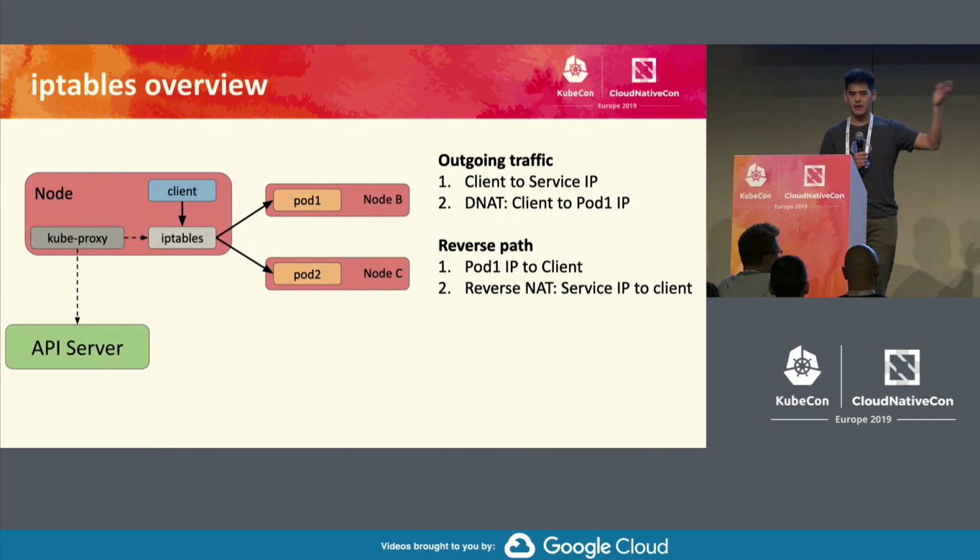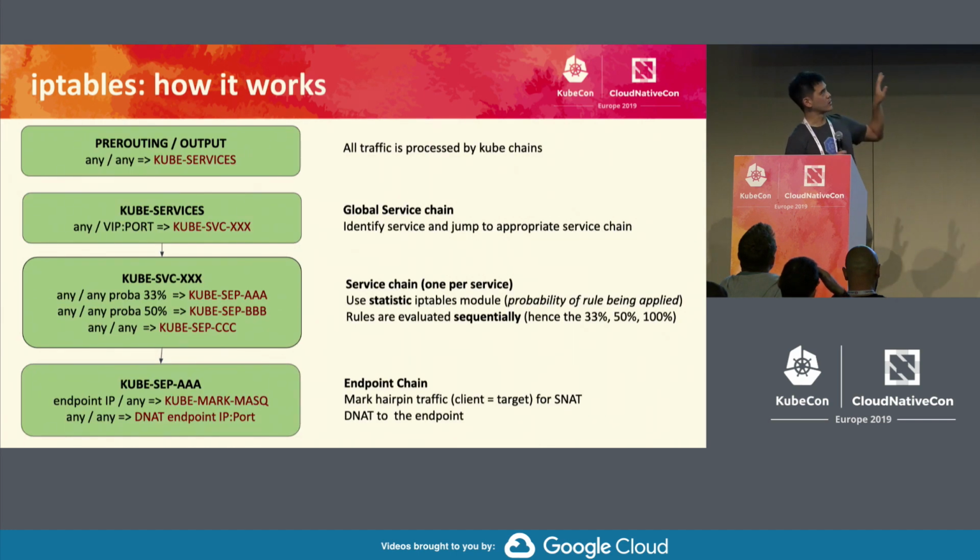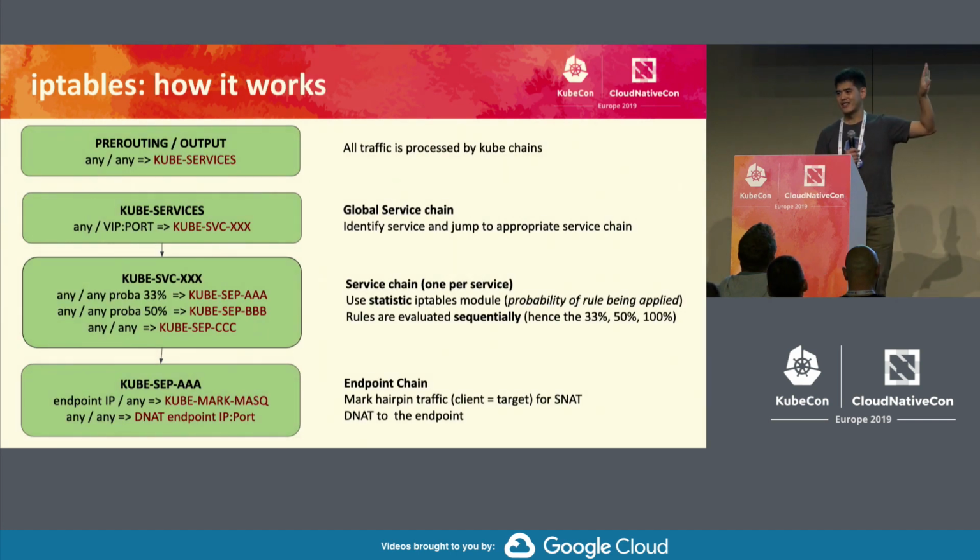So in terms of IP tables, what is it doing? It has to make a load balancing decision on the client side. And to keep the traffic flowing, it has to handle two cases. It has to take the outgoing traffic, find a backend, rewrite the service IP to the backend, and then also handle getting the traffic back in the reverse path. The way this works, I won't go into detail, but it's a lot of chains of IP tables, right?